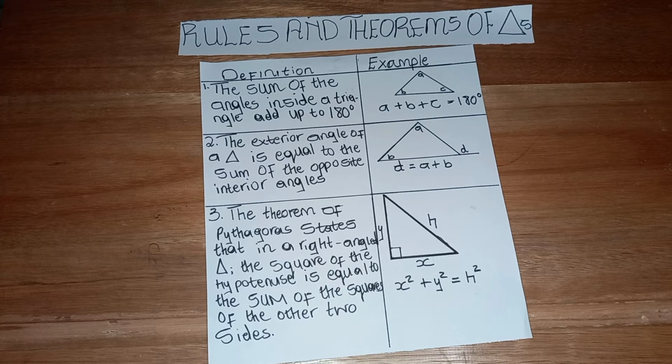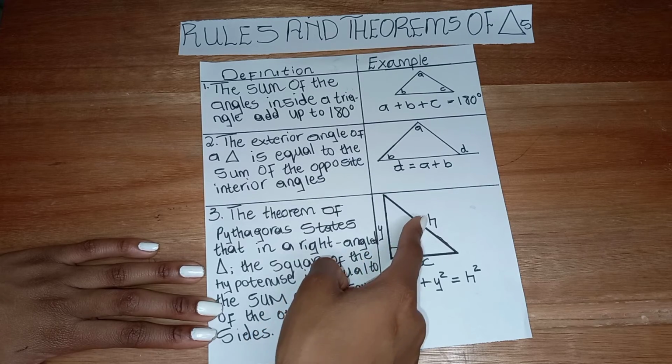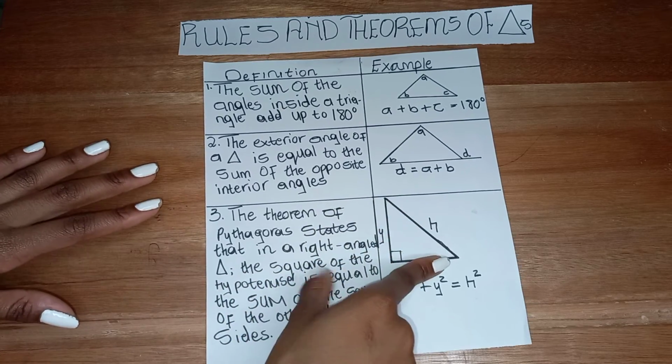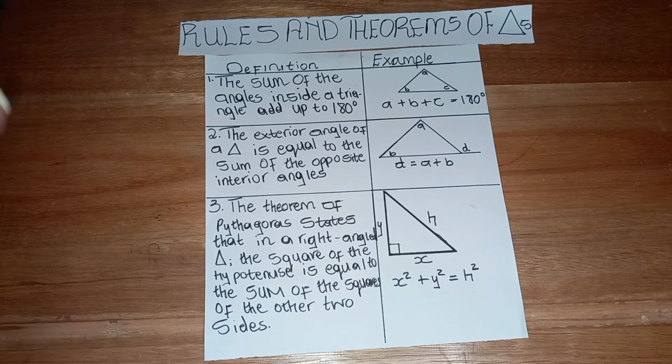The theorem of Pythagoras states that the square of the hypotenuse, so you know that the hypotenuse is the line that is opposite the right angle, and it is also the longest line in a right angled triangle. So the square of the hypotenuse, meaning the hypotenuse is squared, is equal to the sum of the squares of the other two sides.